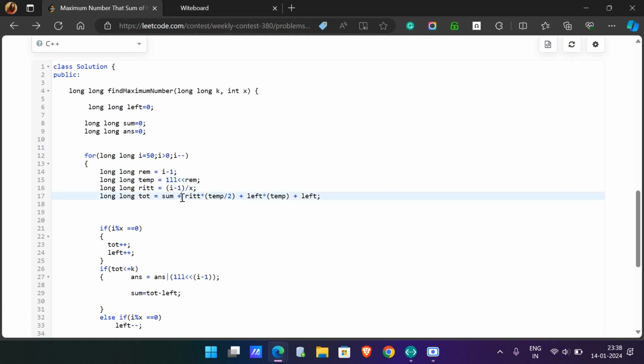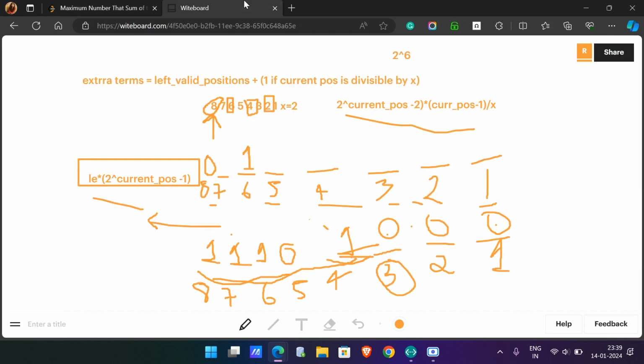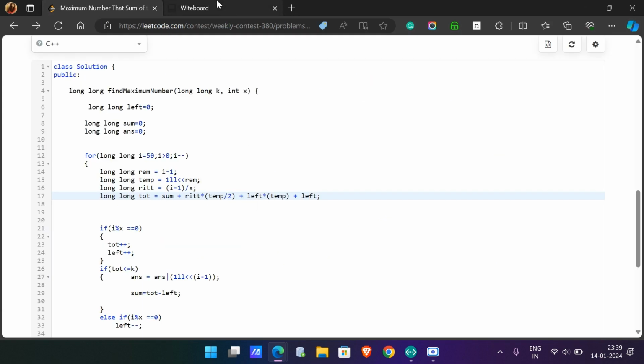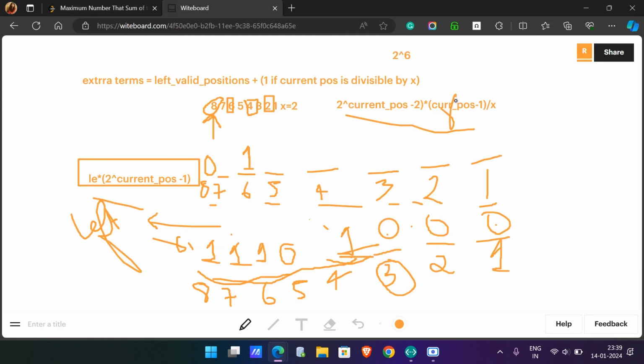Then my right. Actually, this is the left, and this is the right.